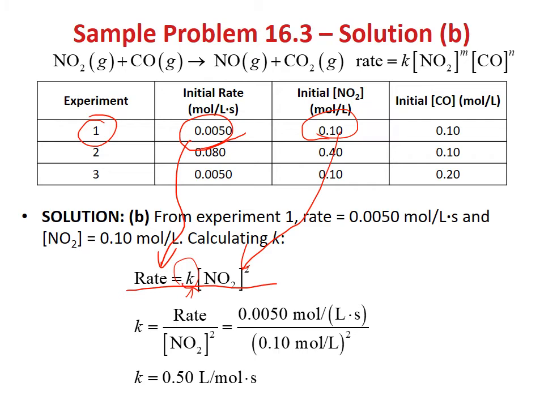K can be calculated by the rate divided by NO2 to the second power. The reaction rate in experiment 1 is 0.005, and the concentration of NO2 in experiment 1 is 0.1, squared. Using a calculator, you get k is 0.5 liter per mole per second.